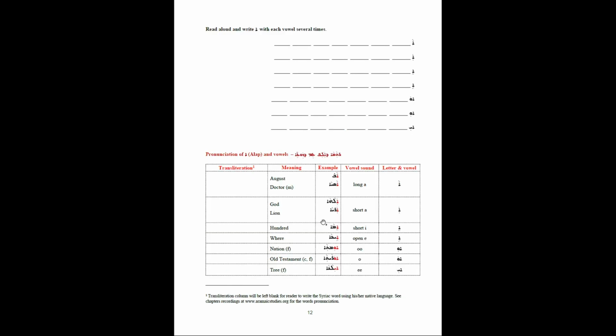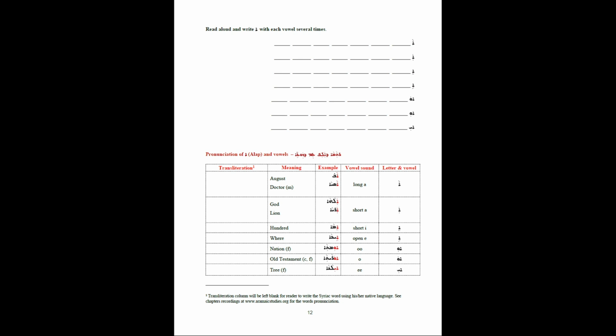On the next page you're going to have two things: one to write the alap with the vowels, and then some examples with the vowel. Here I'm going to try to write the letter with the vowel a couple of times for you, and say the alap with the vowel.